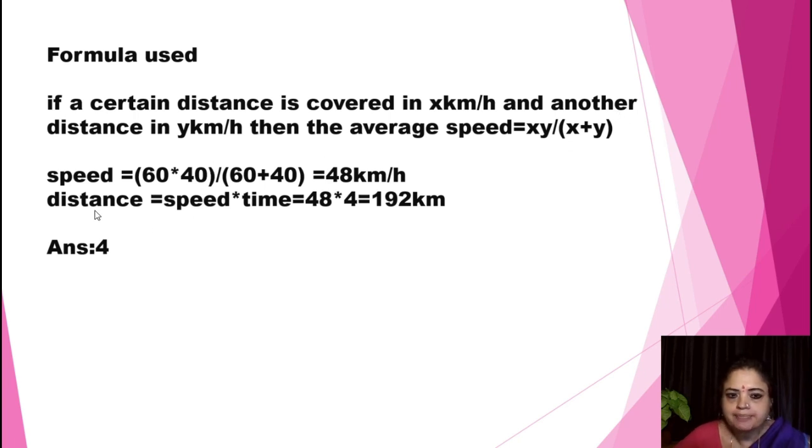So here the speeds are given as 60 and 40. So 60 into 40 by 60 plus 40 is the average speed, that is 48 km per hour. So once you know the speed, we can calculate the distance. Distance is equal to speed into time. So 48 into 4, that is 192 kilometers. So the answer will be option 4.